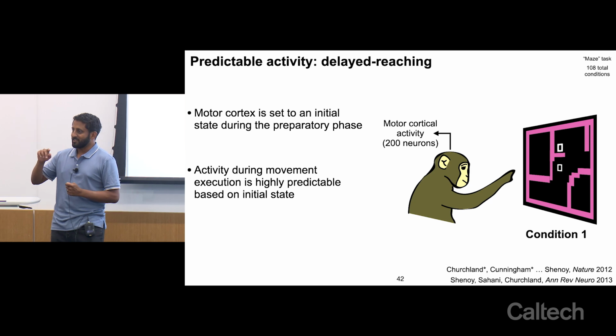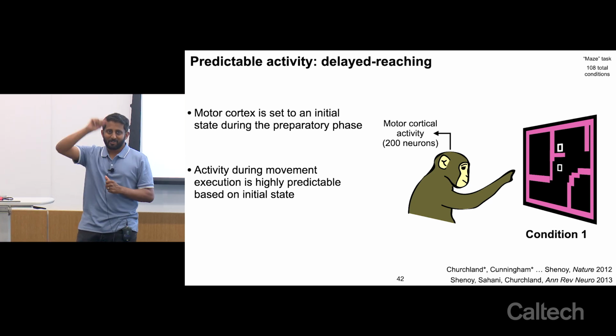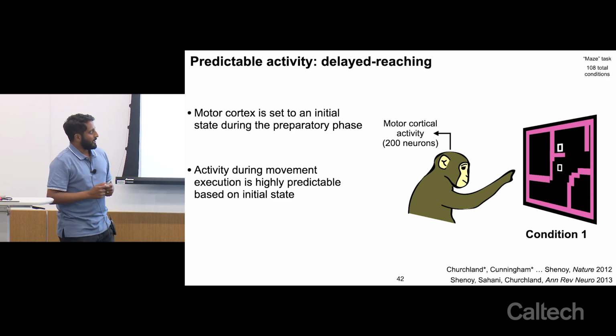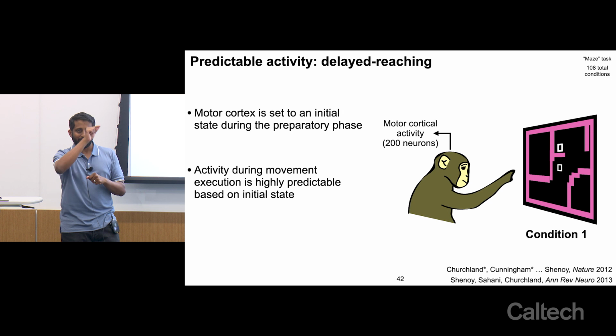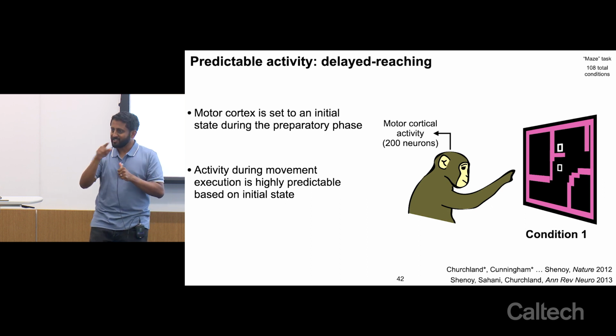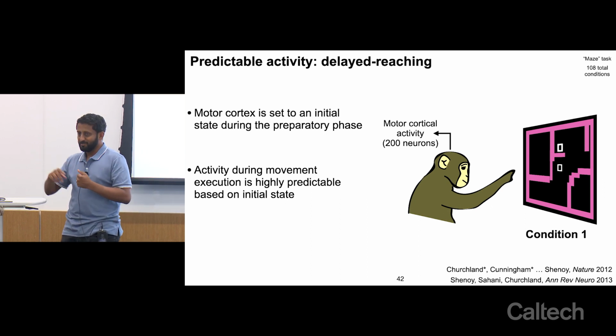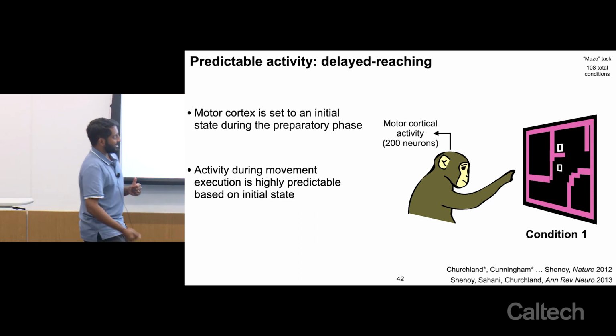A lot of times you'll see this type of data is monkeys just reaching to 8 targets, straight reaches over and over again. But they made this kind of virtual maze and trained the monkey that if you run into the barriers here, you're not going to get your reward. So they could put up these different virtual maze configurations and get the monkeys to make more complicated reaching movements, like curved movements or straight movements, counterclockwise, clockwise, that sort of thing.